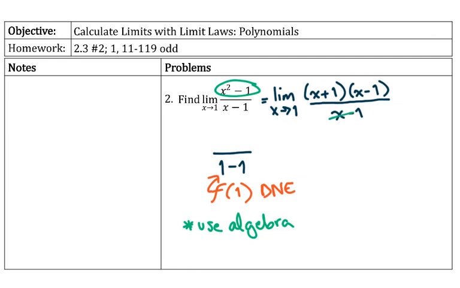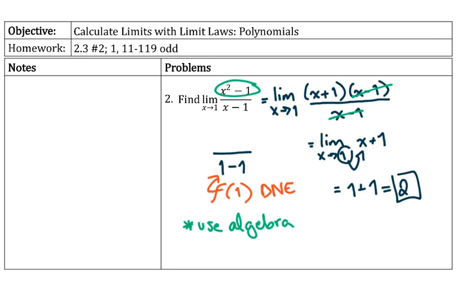So we said we want to use algebra, we can cancel out the common factors. So this limit is equal to the limit as x approaches 1 of x plus 1. And now that we've done a little bit of simplifying, we can just plug this in again. So we'll use the same strategy, plug that in, and we end up with that limit is equal to 1 plus 1, which is 2. Again, if you want to check this on your calculator, please do.